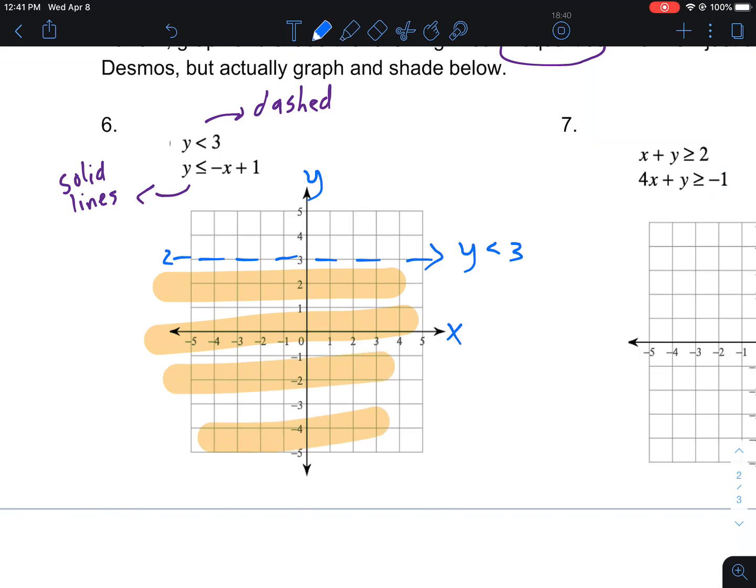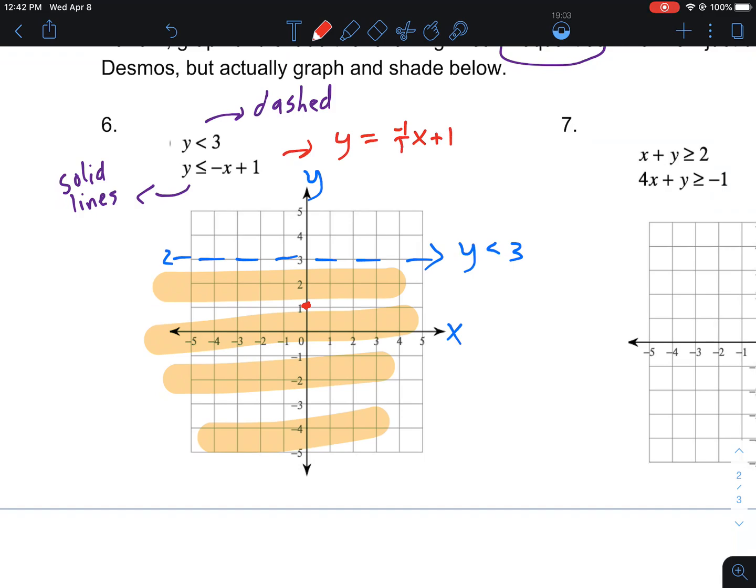Now, the next one, this requires you to just remember how to graph a line. Again, treat this like y equals negative x plus 1 to start with, and we can shade later. So if you remember, that means you have a y-intercept of 1, and your slope in this case is negative 1 over 1.